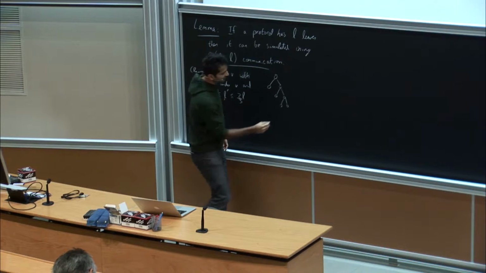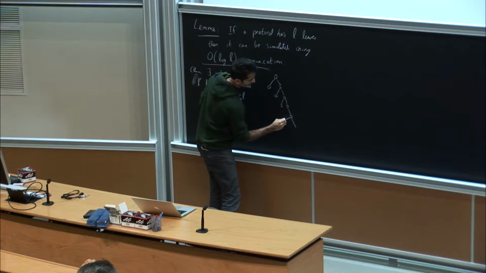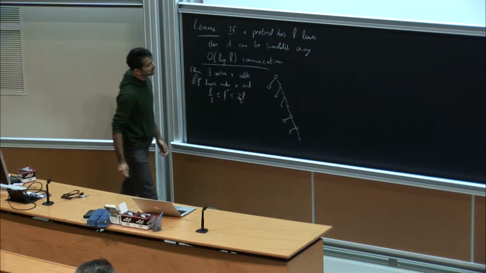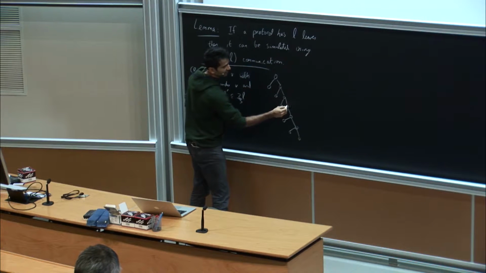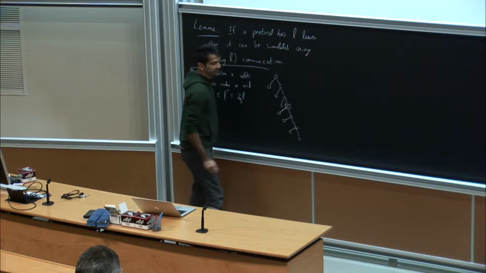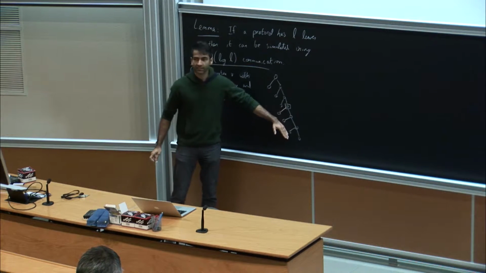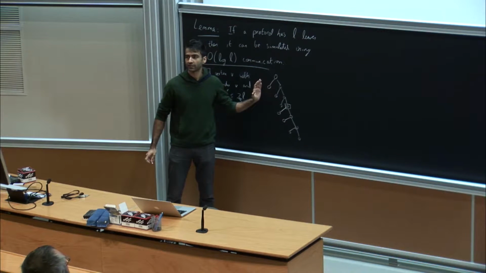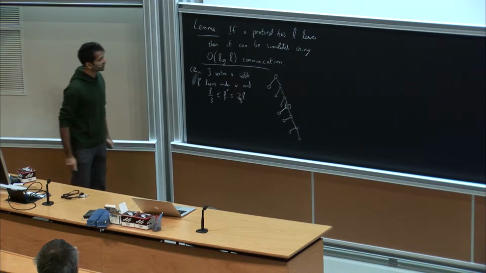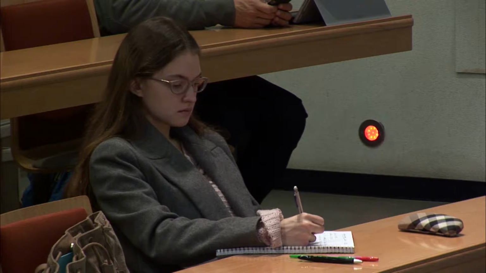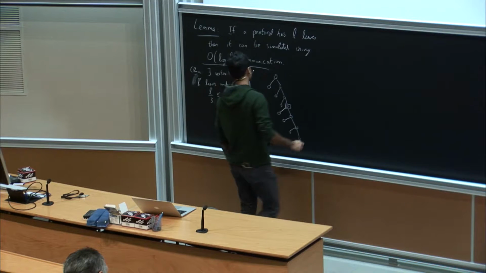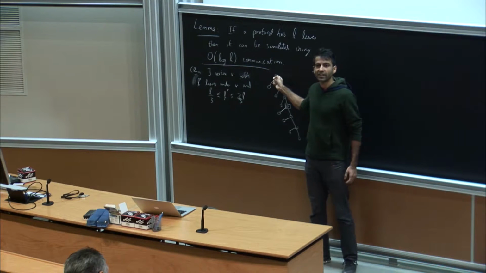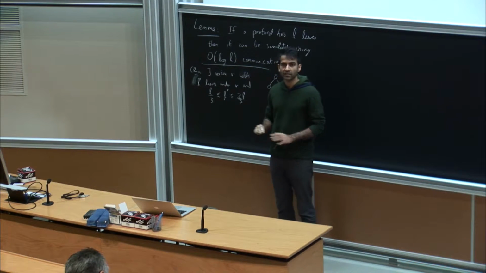For example, if the picture looks like this, a long, really unbalanced tree, then somewhere in here, about halfway down, there's a vertex that has roughly half of the leaves under it and half of the leaves outside of it. This is a really simple claim. The reason it's true is, just start at the root, and if the root satisfies this property, we're done.